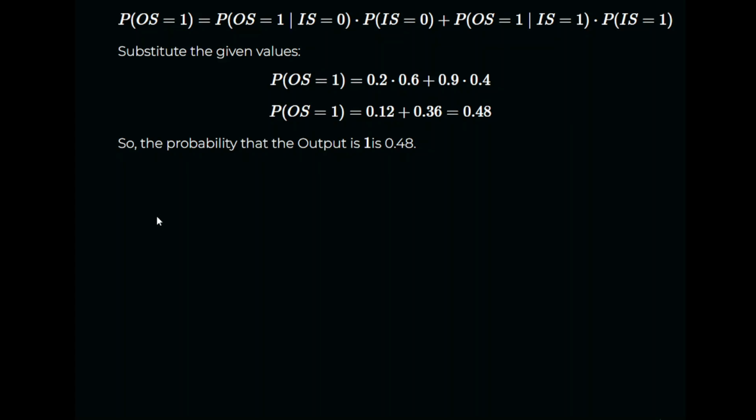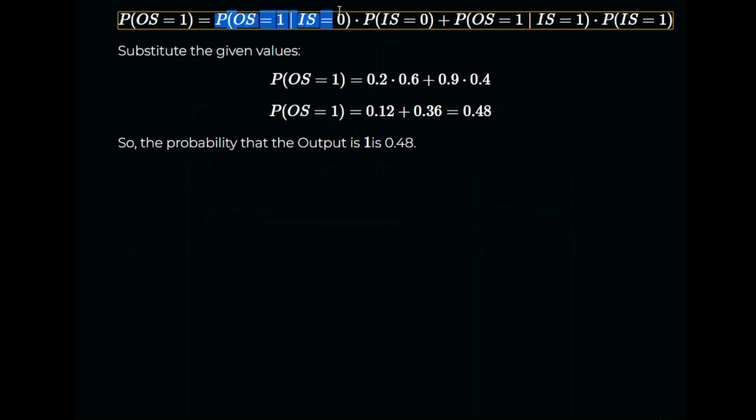Okay, so we have it up there, and that is 0.2, which is this part here. That's 0.2 times 0.6 plus 0.9 times 0.4.